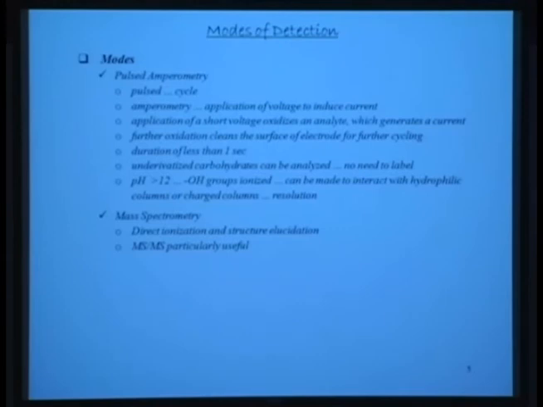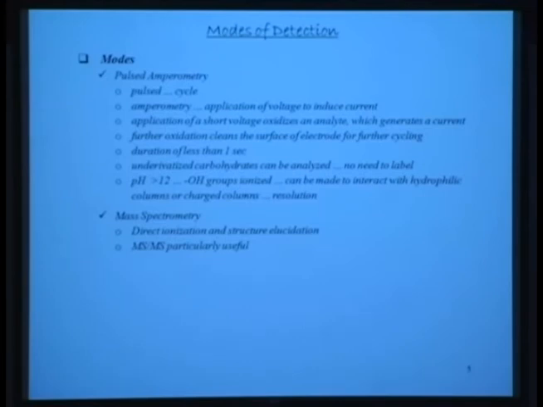These are the two cycles, and all of this is done fast, within a fraction of a second, so you won't really notice it. Most of the time carbohydrate takes several seconds to elute from the column, and therefore this technique is not really a problem.